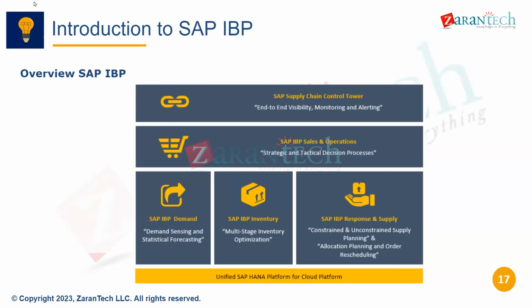If you move one vertical above these three, you can see a vertical called the strategic and tactical decision making process. This is the level at which you get a lot of action items for the organization, related to demand planning, inventory management, or supply planning.